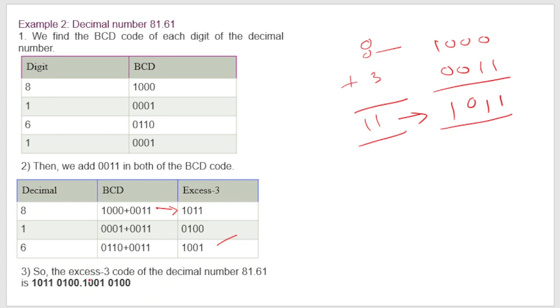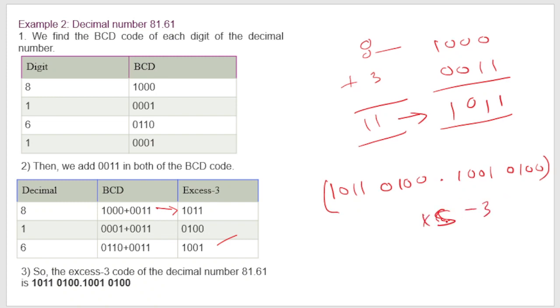Now we put the same values here. For 8 it is 1011, then 0100, now the point, then 6 becomes 1001 and 1 becomes 0100. So this is the excess-3 code of the decimal number 81.61.